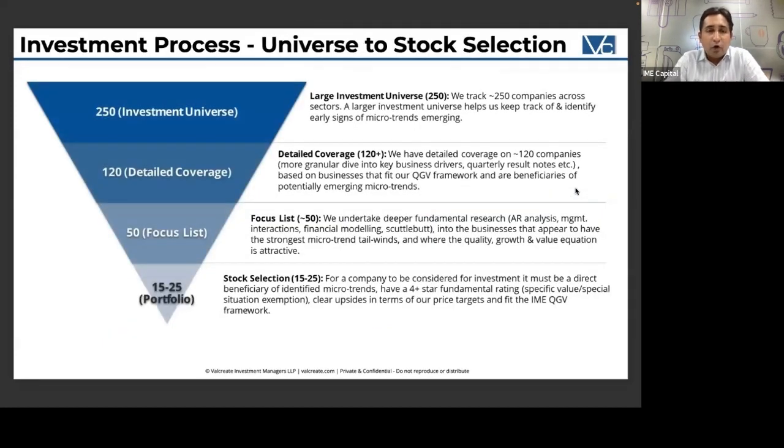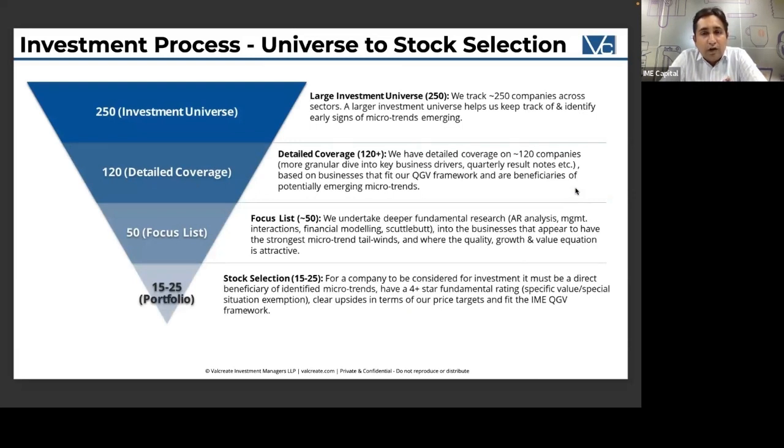Now, effectively, how do we go from this larger investment universe of around 250 companies that we track to identifying the 15 to 25 companies that we're likely to have in our portfolio? There are about 250 companies that we keep track of on a quarterly basis, to see how these companies are doing.